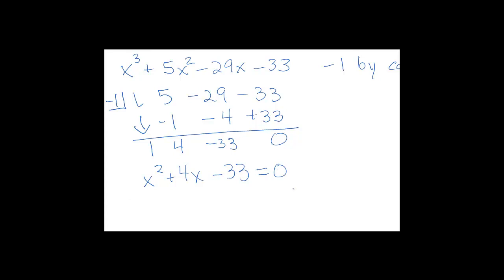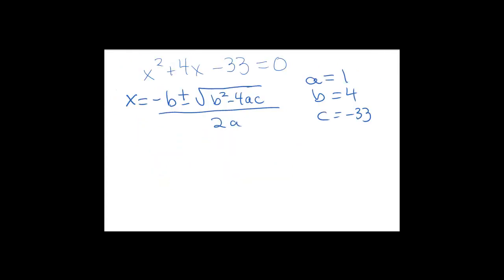It is not going to factor, so again we'll go to the quadratic formula. So we'll go ahead and plug into the quadratic formula. And I wrote our A, B, and C on the side.